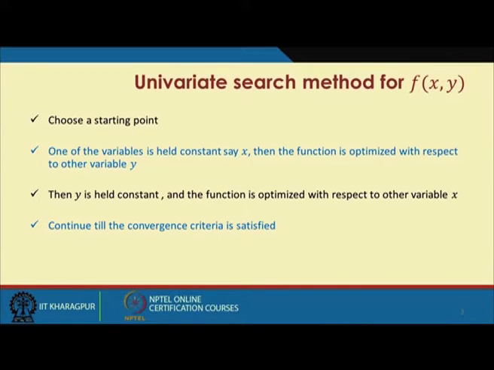Then in the next step, I do the reverse process, and I do repeated iterations there. After that, we will see that the method converges, because somewhere we get the local optimum value, and there we stop. That is the basic idea.